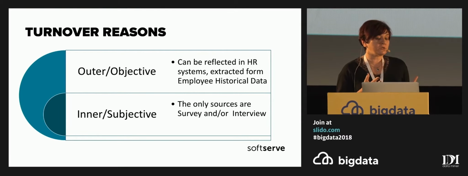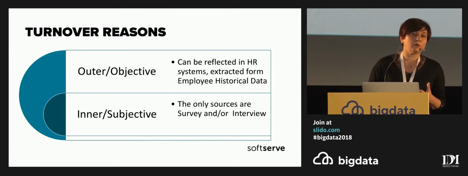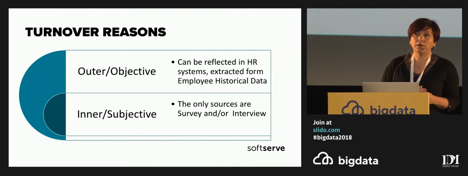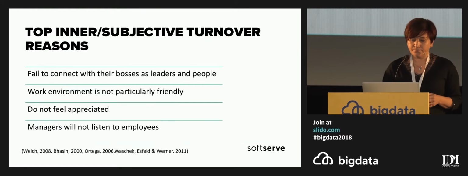The only options to get some indicators are an interview with the employee or colleagues of this employee, and maybe a regular survey, if a company has the tradition of providing regular surveys for employees.